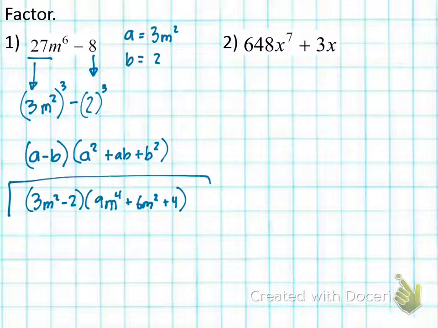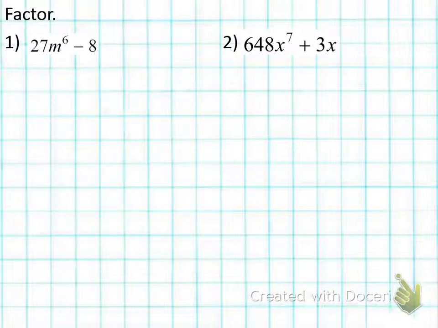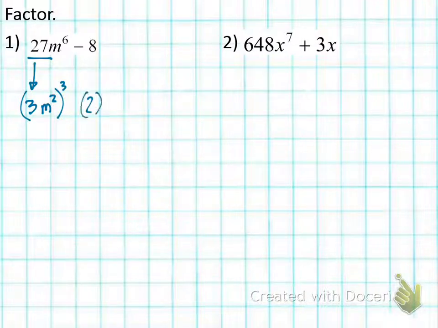So again, what did I do just now? Starting from the beginning, I noticed it was the 6th power, and I asked myself, are there any cube roots of the first and second term? The first term is like saying 3m squared raised to the 3rd power, and the second term is 2 cubed.